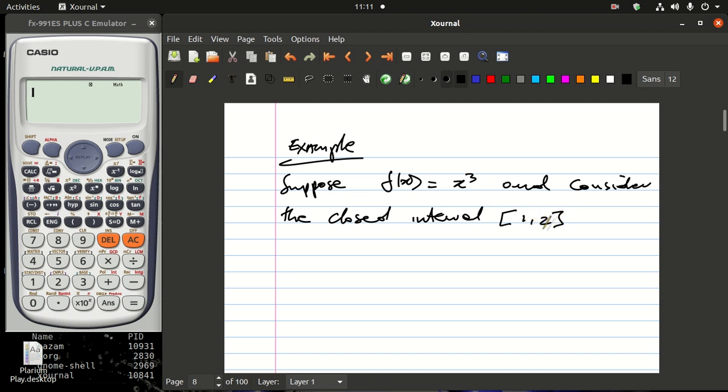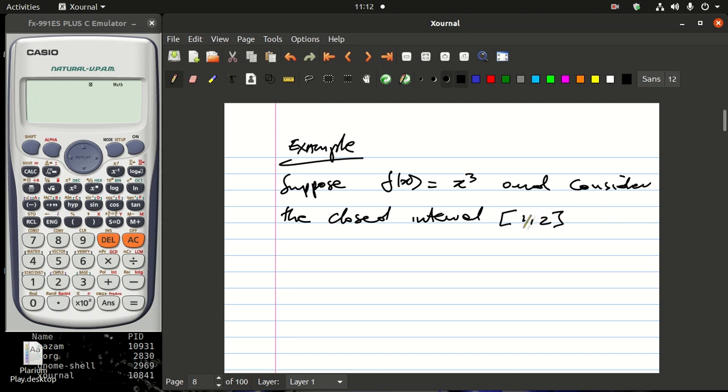Now, the question will be like this. If you were to pick an output that is between the output of this and the output of that, are we going to get an x value that is in between these as the input? Let me repeat what I'm saying.